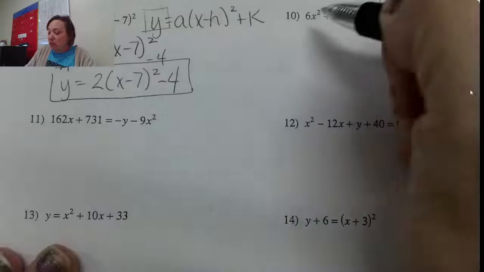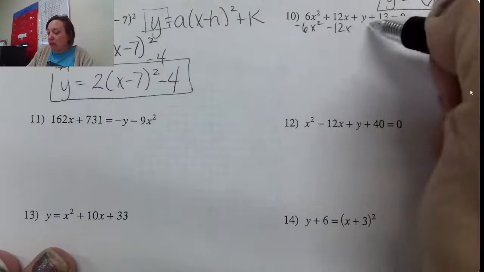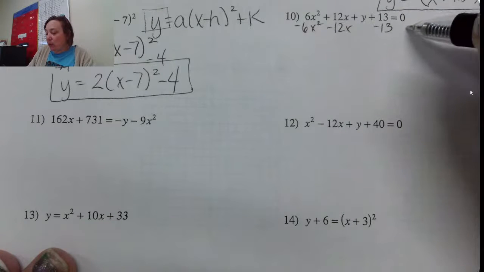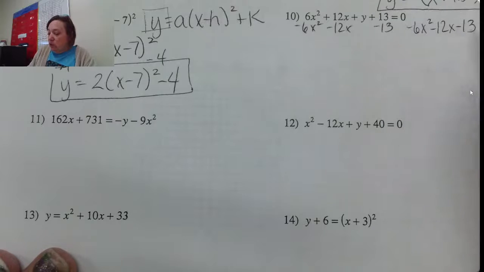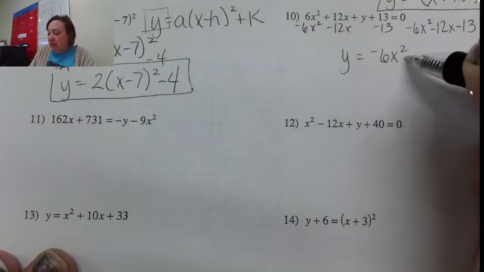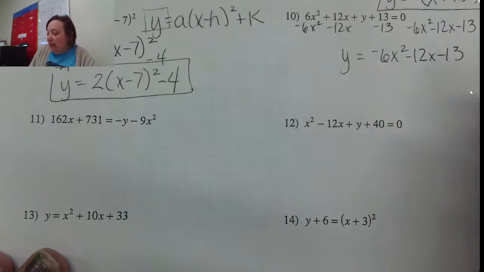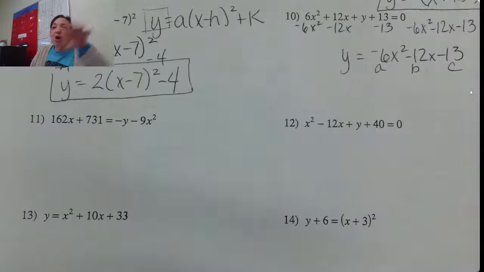So we can subtract the 6x squared, subtract the 12x, subtract the 13. But if we do it over there, we've got to do it over here too, right? Which essentially all it did was change all the signs. That's all it did, right? Now we have A, we have B, we have C, and we can go on to find our vertex form.